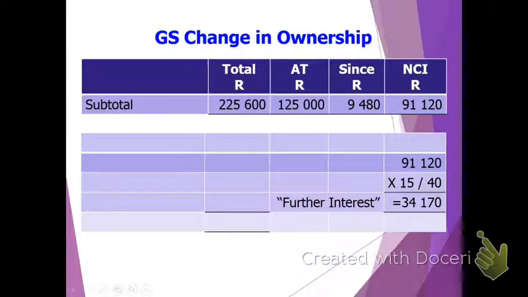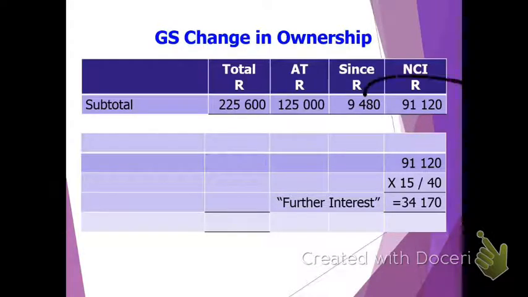Now, they have purchased 15% additional. If you go and calculate that, it's 15% that was purchased from the non-controlling interest. But they held only 40%. And that is why we have this calculation that you see in front of you.